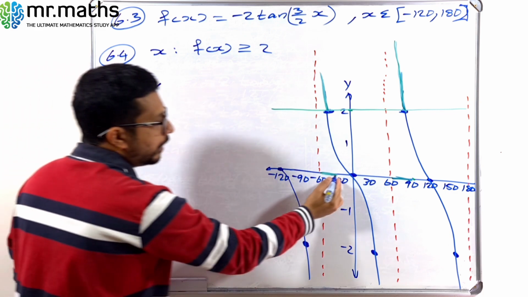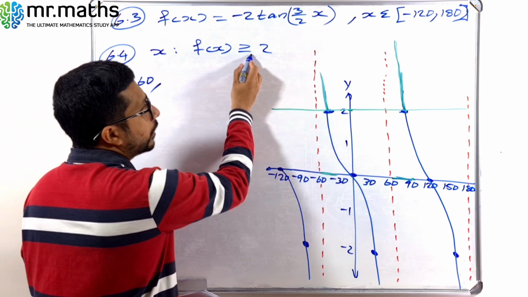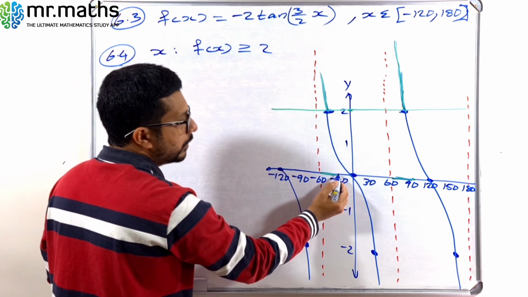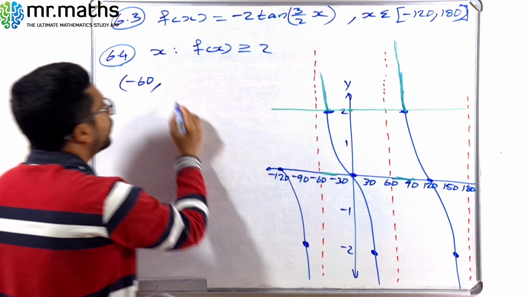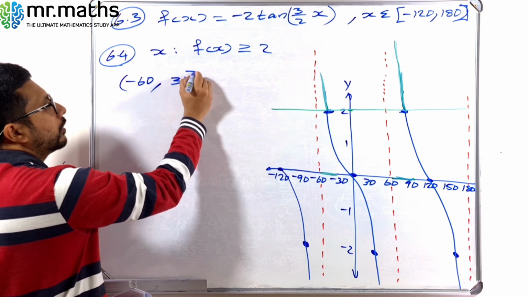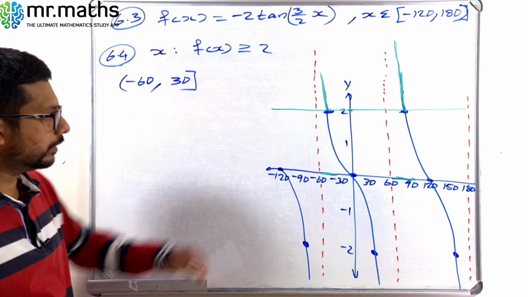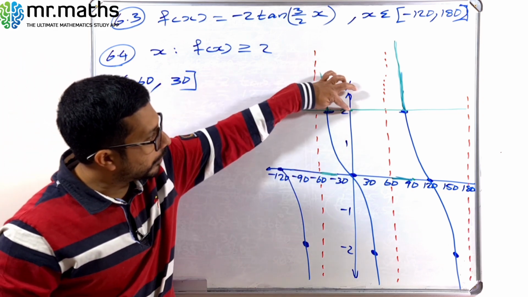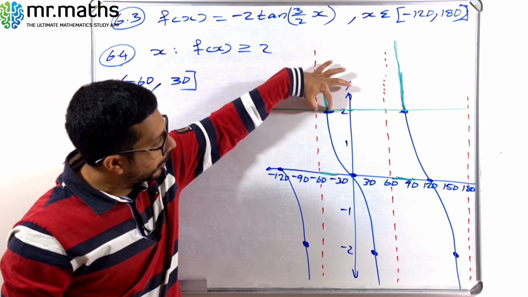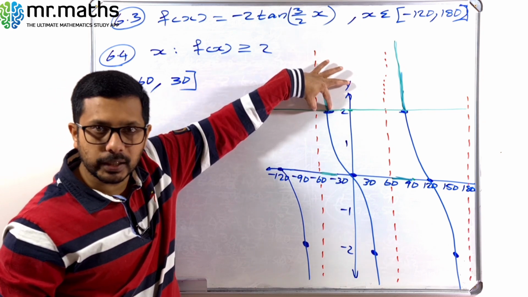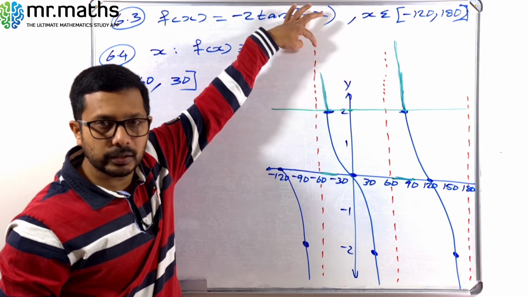Then minus 30 you can include because it is greater than or equal to 2, and at minus 30 it is 2. So between minus 60 and minus 30, the y value is greater than 2.